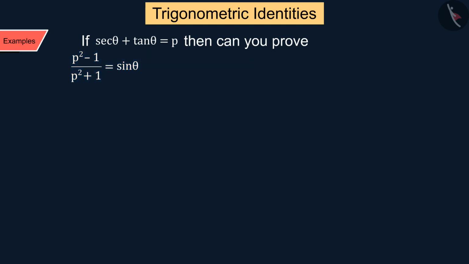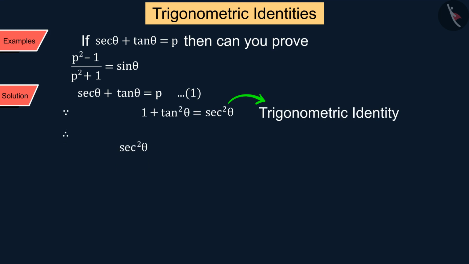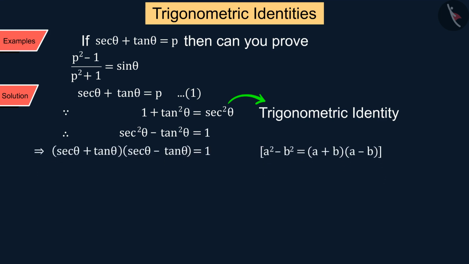Let's see. Given that sec theta plus tan theta is equal to p, which is represented by equation 1, and we know that 1 plus tan square theta is equal to sec squared theta, which we solve by keeping the square of sec theta minus the square of tan theta as 1.